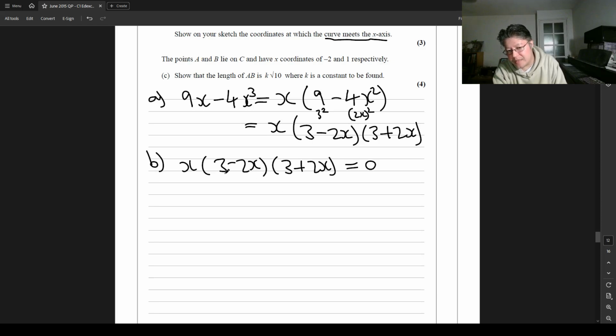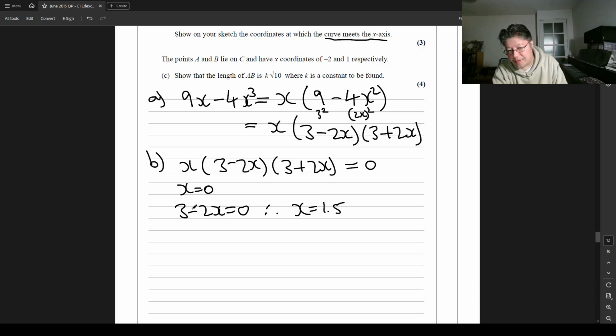And this we can split up into 3 separate equations. The first equation is x is 0. The second one is 3 minus 2x equals 0. And if we solve that one, I think we get x is 3 over 2, which I can put as 1.5.